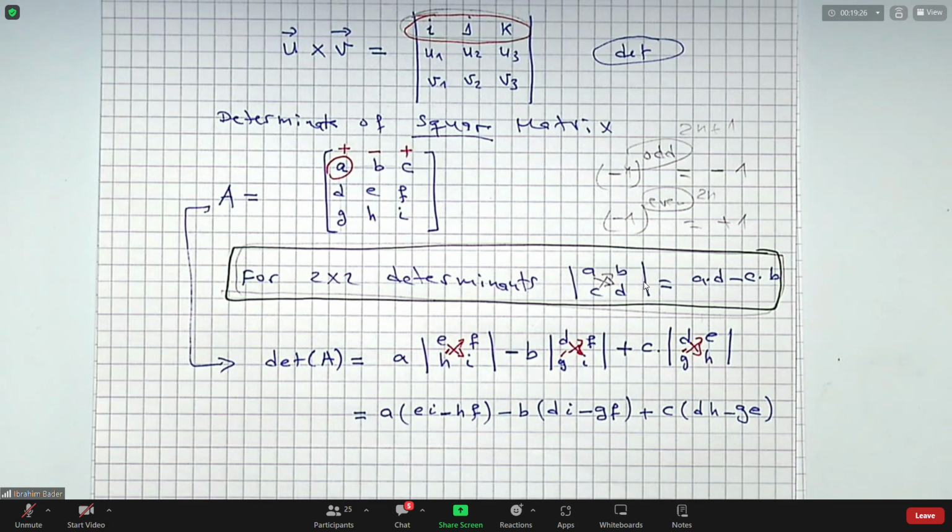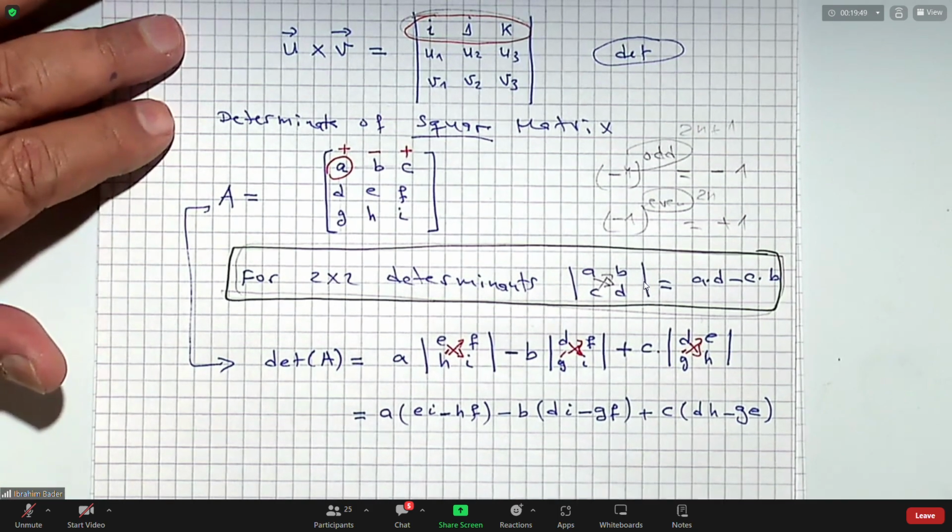Okay, let me just mention one word about the triple product. Shall we talk about the triple product, and then I will elaborate more on this and demonstrate some examples. Now, the triple product is also important.